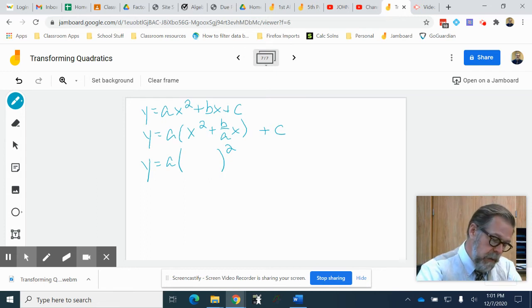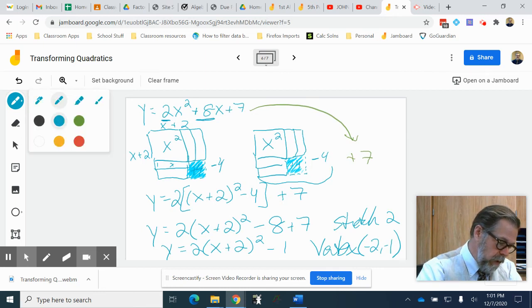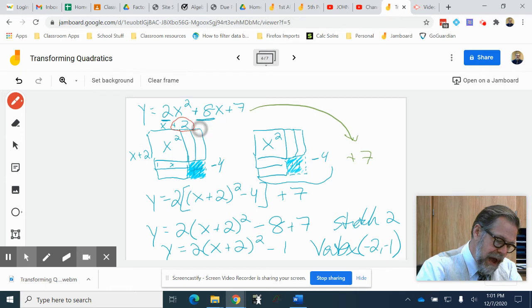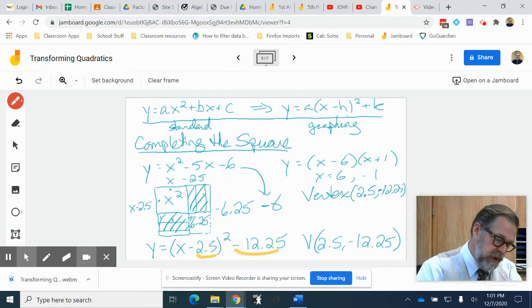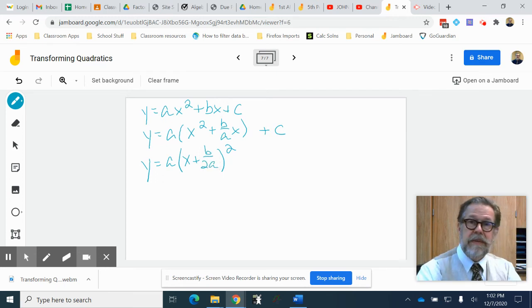How big are my squares? Well, if we look back at the previous two examples, this number right here is always half of what I have available. I had 2 times x squared plus 4x. In the previous example, I had 2.5, half of negative 5. And so this becomes half of b over a.